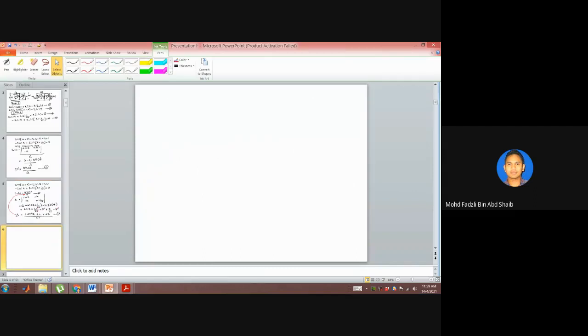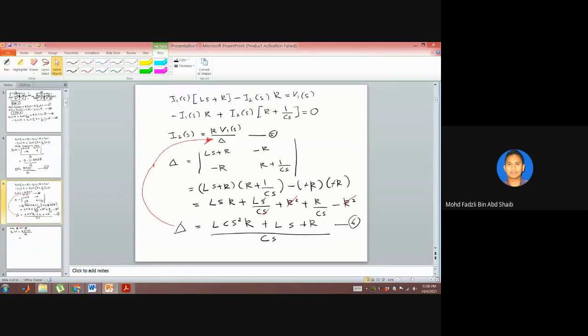So substitute 6 into 5. So I2S equal R V1S over determinant, the original one. See what the determinant is.